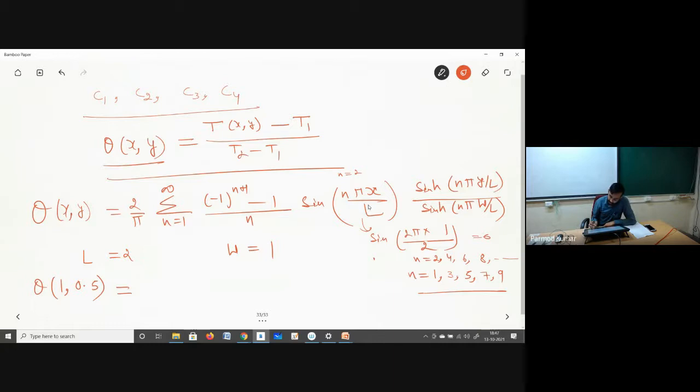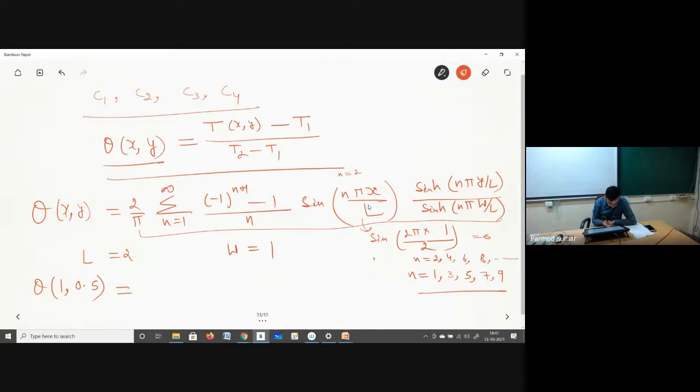Okay. So what will I be doing then? First, in the entire equation, I will substitute n equal to 1. Then I have the summation sign. Then I will add n equal to 3, plus n equal to 5. Correct?